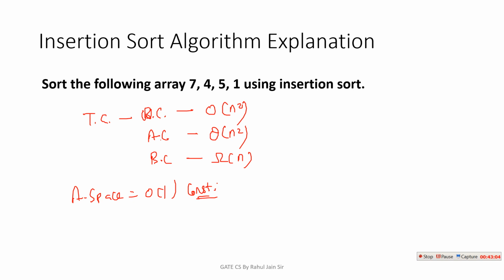If it is constant, it means we do not need any extra space. That is why the insertion sort algorithm is an in place algorithm, as well as all elements were present in memory at a single time. That is why it is a stable algorithm as well.